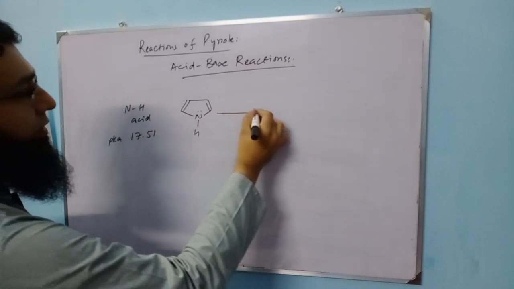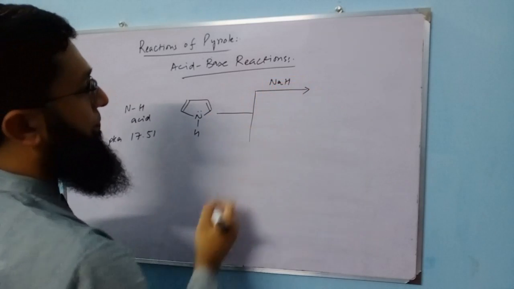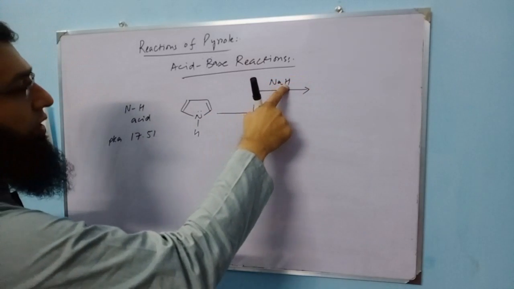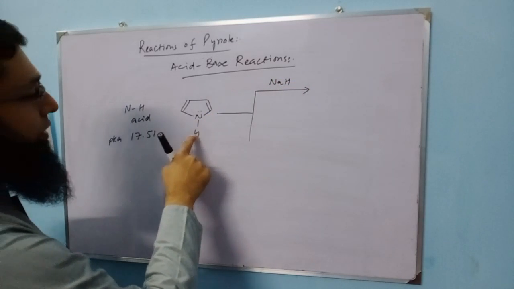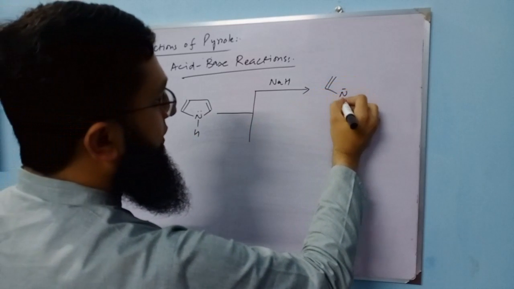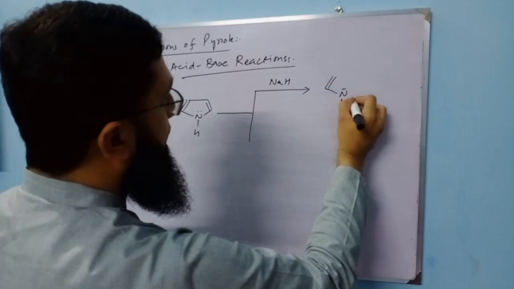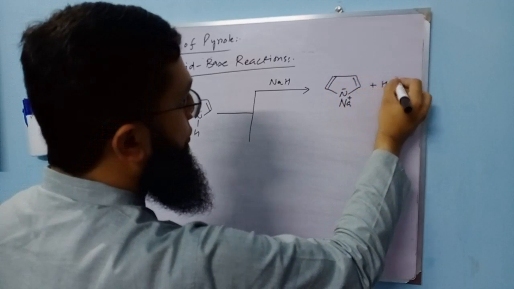So different bases can be used. For example, sodium hydride will react with pyrrole to abstract the proton, and as a result we get this plus H2.